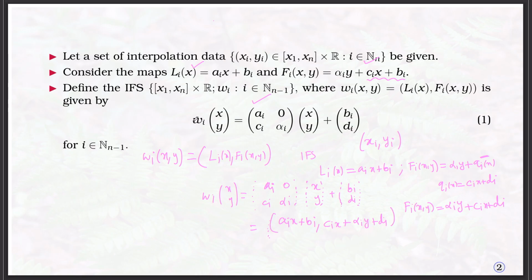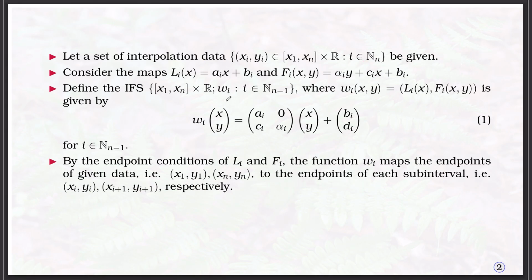Now, we know that this Li has a certain condition for joining in the x direction and Fi has a certain condition for joining in the y direction, so that this Wi satisfies the endpoint condition. So, this Wi of x1 and y1 should map to xi comma yi, and wi of xn comma yn should map to xi plus 1 comma yi plus 1.